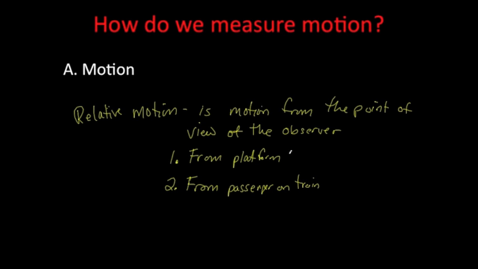So from the platform, the train appears to move. And from the passenger on the train, the platform appears to move. And that's what we describe as relative motion.